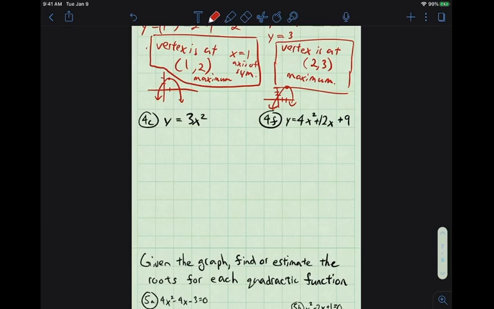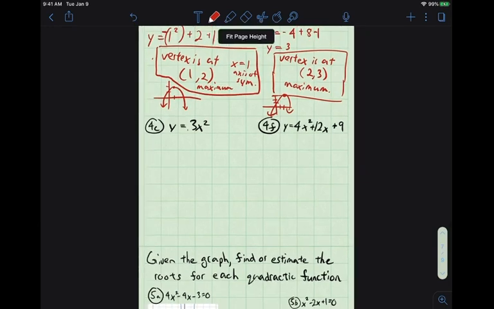Two more problems. Notice here, you just have an a term. No b or c. So for this problem, negative b over 2a gives you 0.